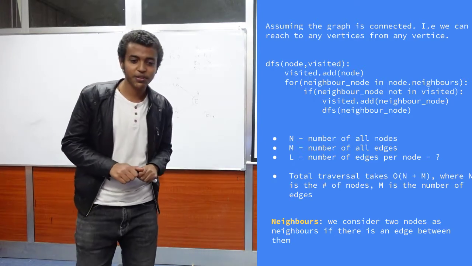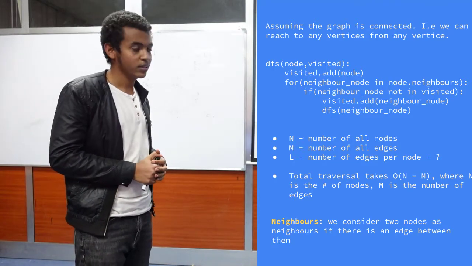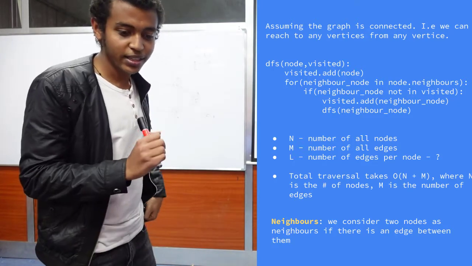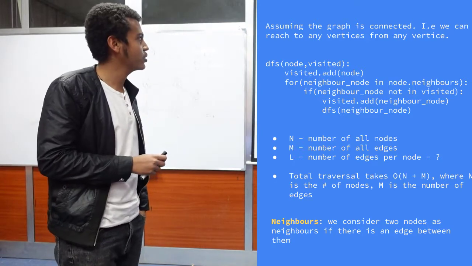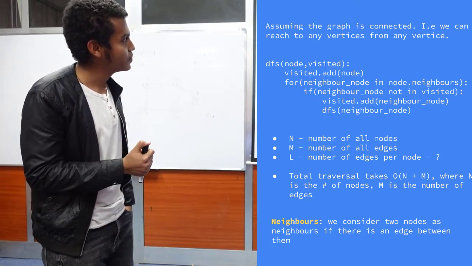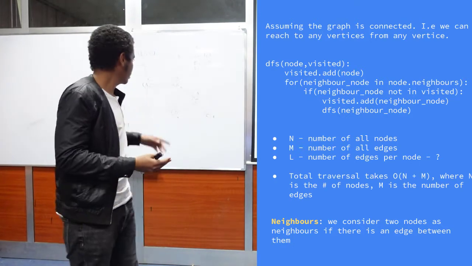So let's see what the DFS does, or if it matches with the things we've said. First, it adds itself into a visited state. It's the first line after the function call. Visited dot add node. It marks itself as visited, just like we did.